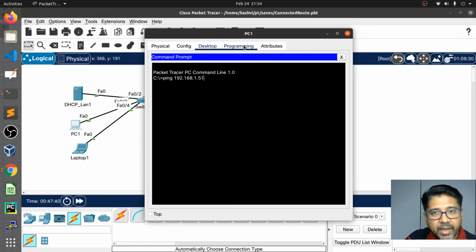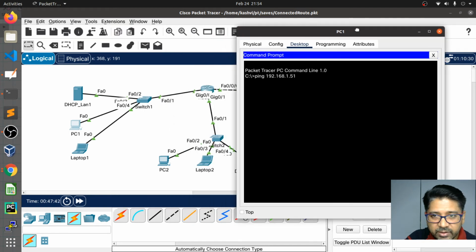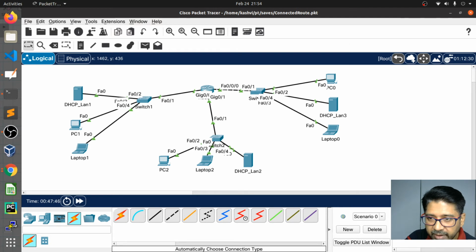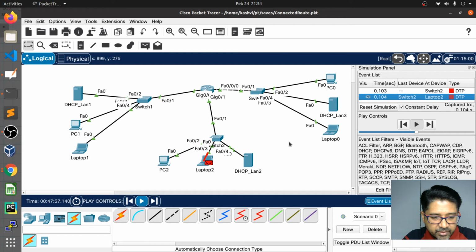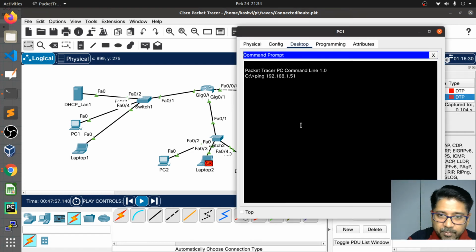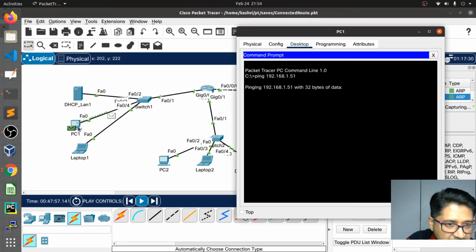Let's understand how it happens. I'm going to start the simulator over here, and then I will start the ping, and we will see the packet coming from here to the switch. Are you able to see that? It's sent to everyone. This is called an ARP packet.